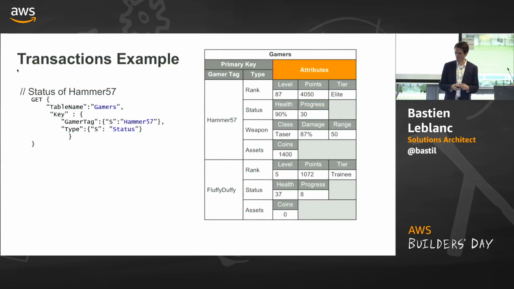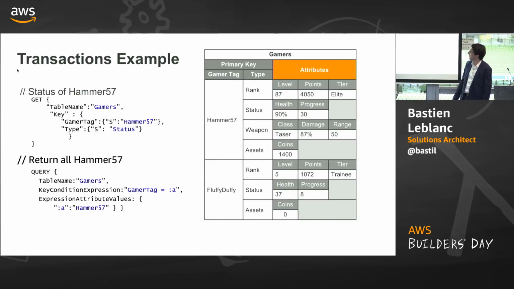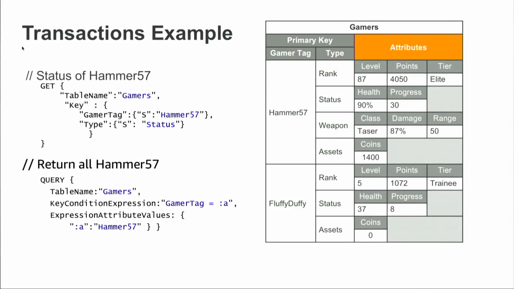Very simple example of a gamer. You get status from this specific gamer with two fields, health and coins. That's just the query, and you return everything for either the two status fields or for the whole gamer.